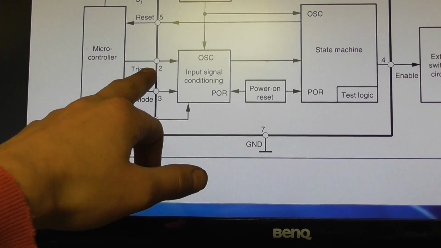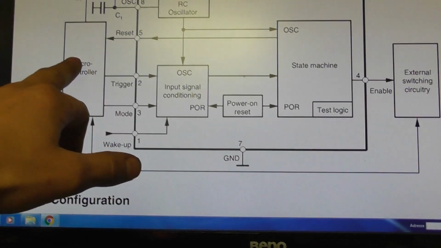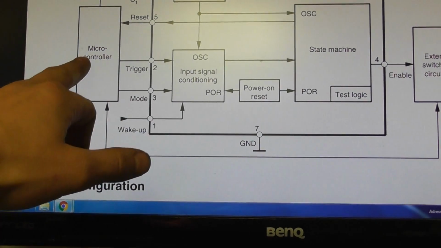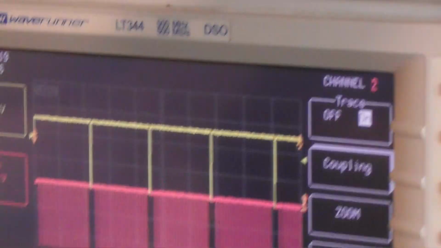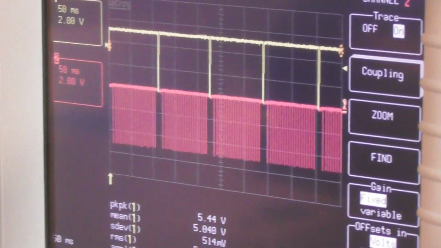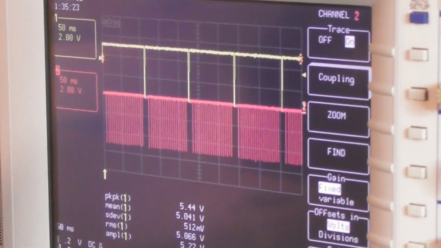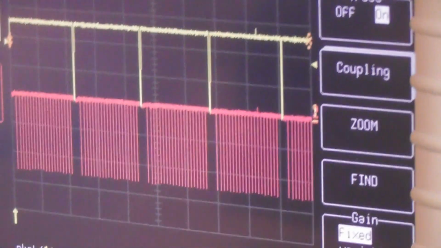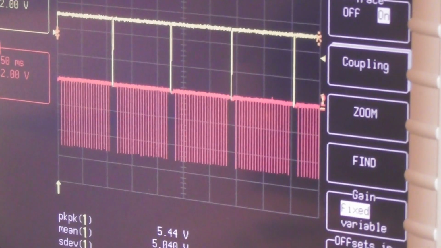If this signal is missing, this logic here constantly resets the Motorola. Okay, pin 2 and 5. On channel 1 is the reset. On channel 2 is the trigger signal, which should come from the processor. And here is definitely something, but I can't say if it's correct or not.